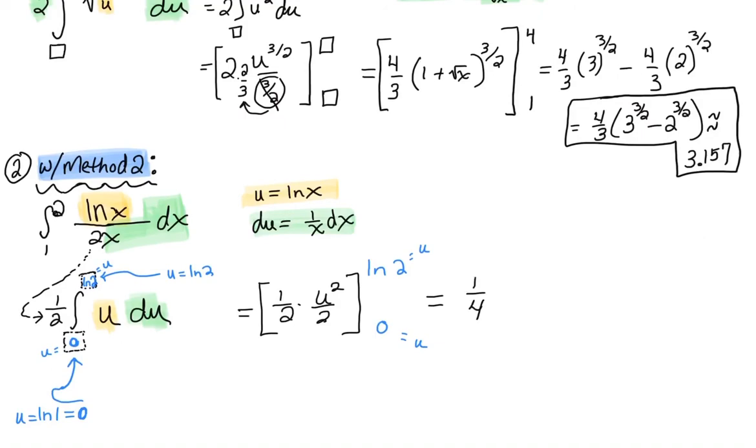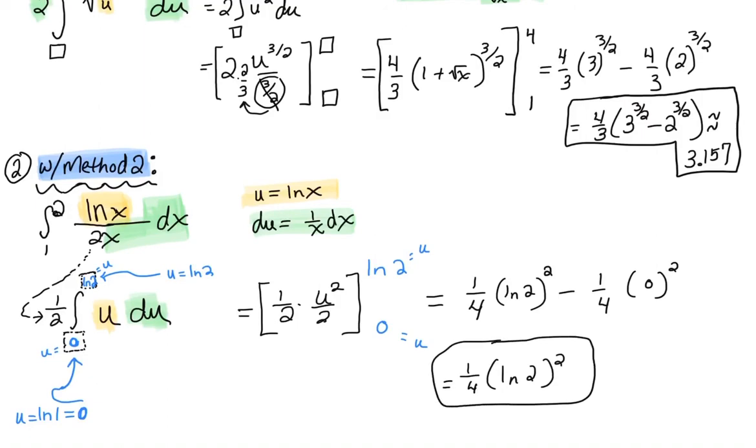So I have the 1/4, and then in for u, natural log of 2, quantity squared, minus 1/4, and then in for u, 0 squared. So my final answer here is going to be 1/4 the natural log of 2 quantity squared. And so that is our final answer.